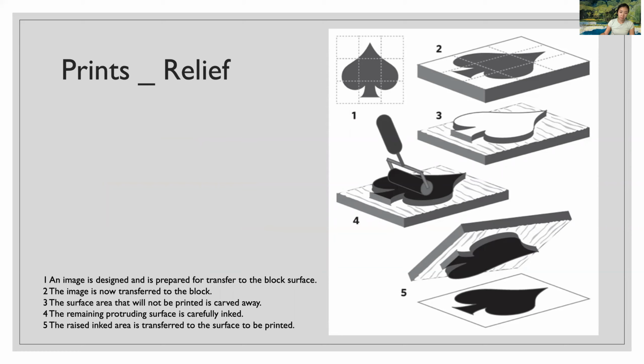Number 1, an image is designed and prepared for transfer to the block surface. Number 2, the image is now transferred to the block. Number 3, the surface area that will not be printed is carved away like this.